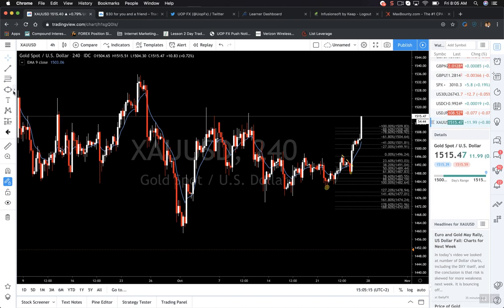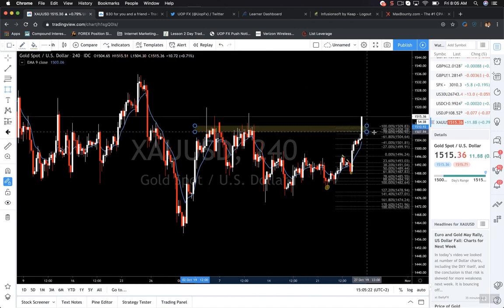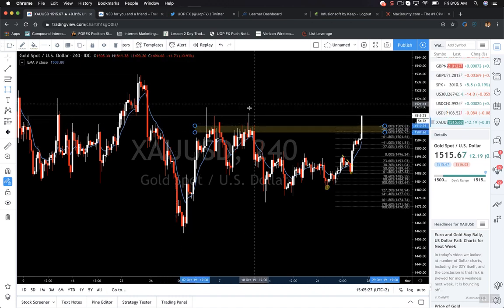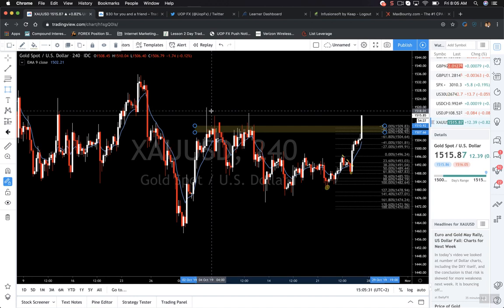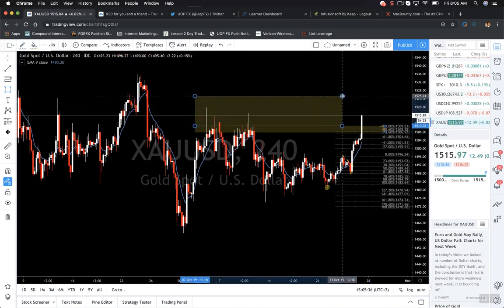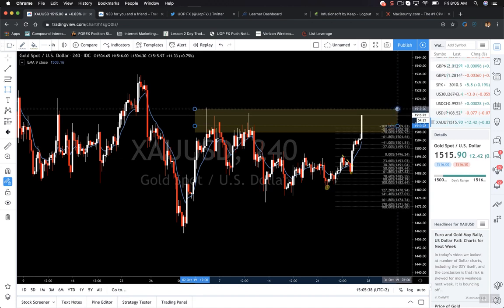But you can say, okay, well, this is a zone, but it looks like price is fit to take off and leave that in the dust. If it does, it could possibly reject here at 1520 because there's a wick. So all the way from wick to wick, technically, price is still in that zone.